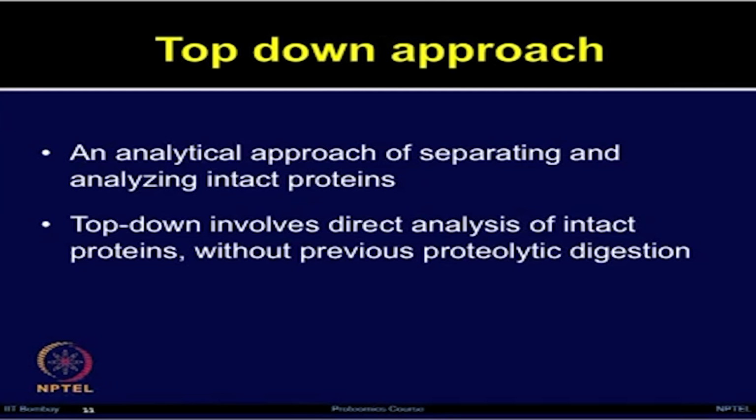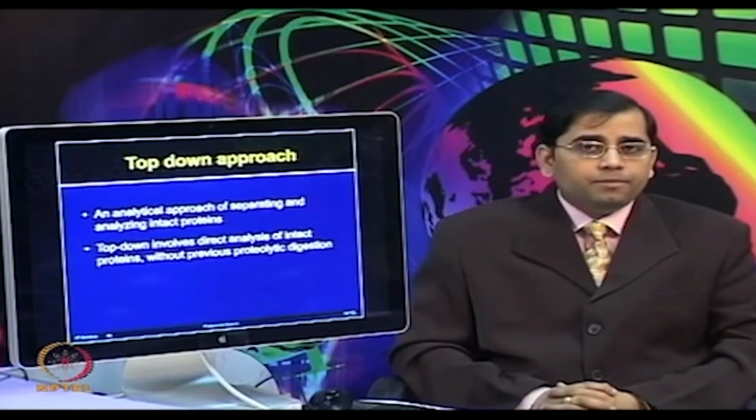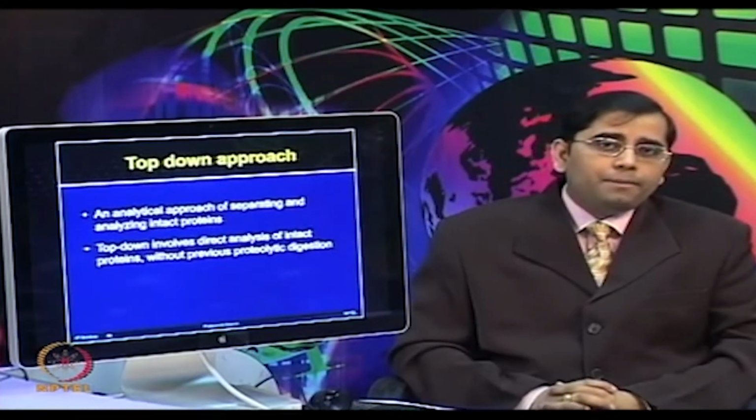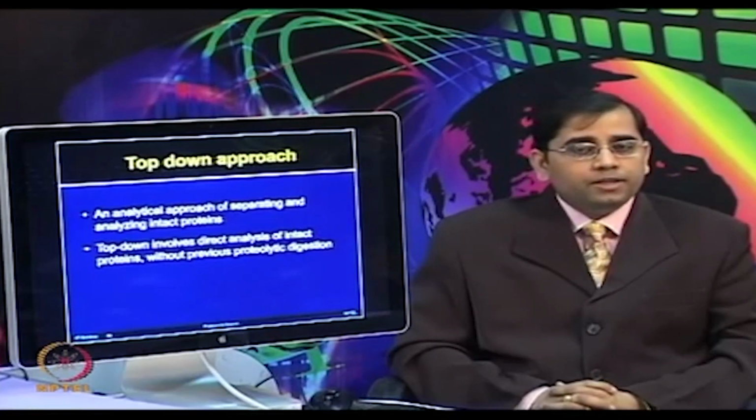Let me give you a brief idea about the steps involved in the top down approach. Proteins are first introduced into the MS directly, because we are not doing the in-gel digestion or tryptic cleavage. Proteins are broken into fragments inside the mass spectrometer. The fragments are analyzed by either MS or MS-MS, and then proteins can be identified using databases.